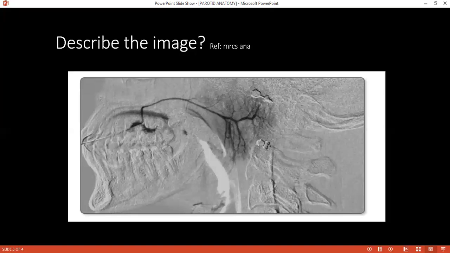The third point is 2 centimeters below the angle of the mandible. And the fourth point is the mastoid bone. When we join these 4 points, this will give the surface area of the parotid gland. Okay, this is the surface marking of the parotid gland, right?